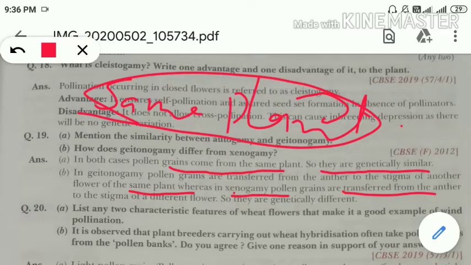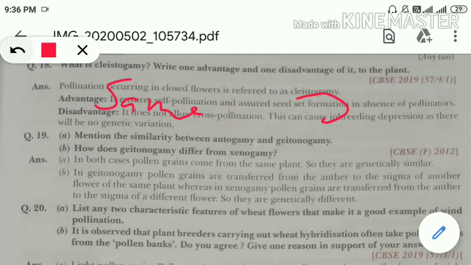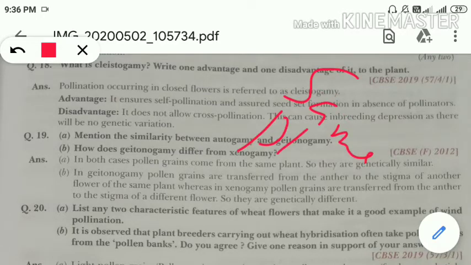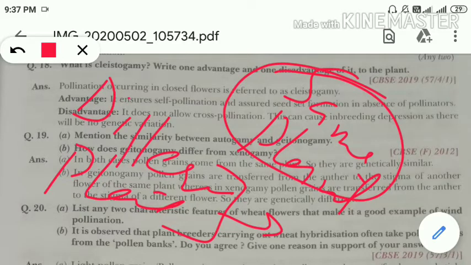That is how we can give the difference. Simply, as in the theory part I have told you, you just have to remember that same plant or different plant. Different plant is when it will be xenogamy. Same plant could be for autogamy as well as geitonogamy. So in autogamy it is the same flower pollination, and in geitonogamy a different flower of the same plant.